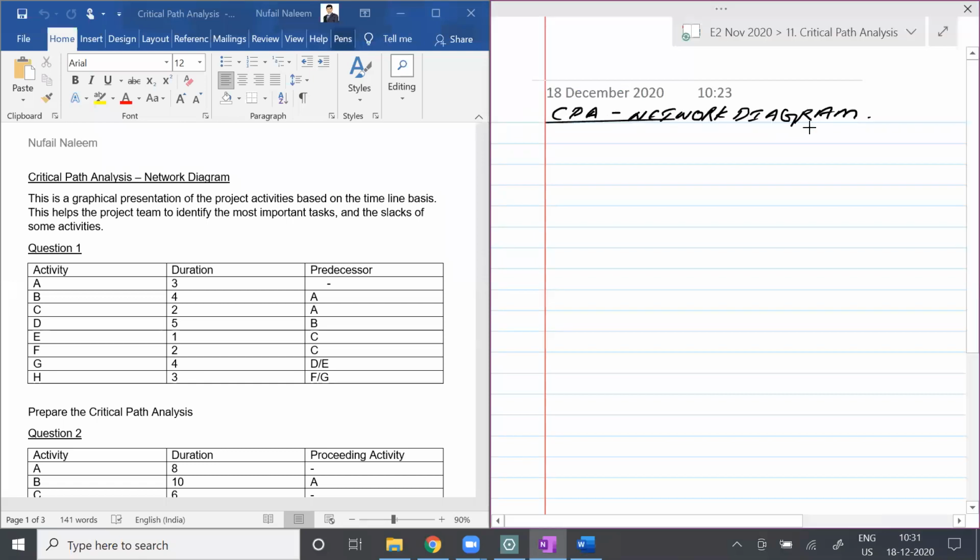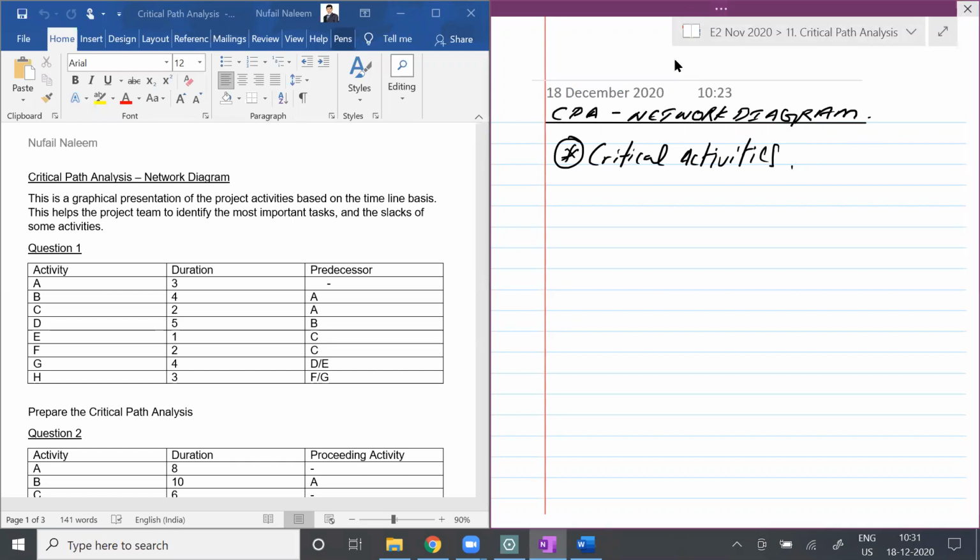Why we do this is, first thing, to identify critical activities. Example, if you are working in the aeroplane industry, you need to pump in the fuel, right? Critical or not critical? Very critical.